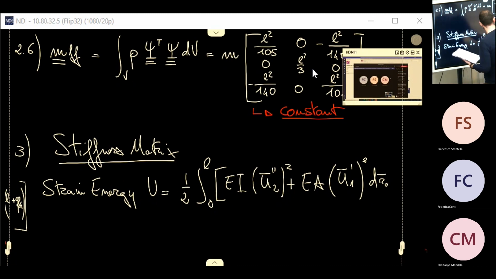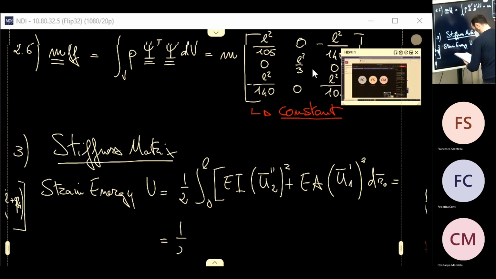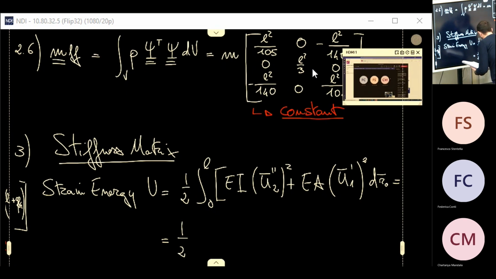So with this definition, if we rewrite this in a matrix form, this can be written as follows. It's a quadratic form, no? Being an energy, it's a quadratic form. We know it already very well. So we can write it like so.